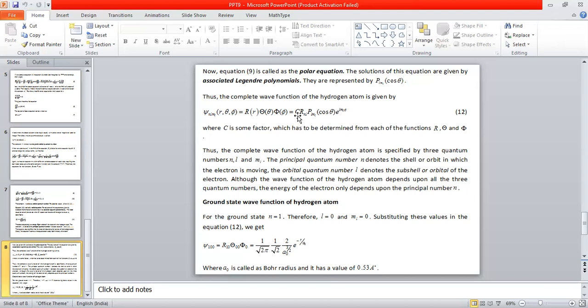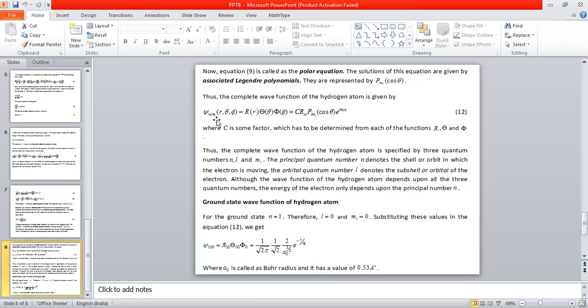Combining all other factors, leaving aside the associated Laguerre polynomials, associated Legendre polynomials, and exponential i ml phi, the remaining factors, along with the normalization constant, are all combined in this C.